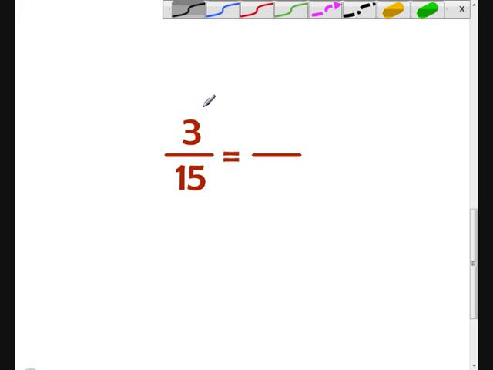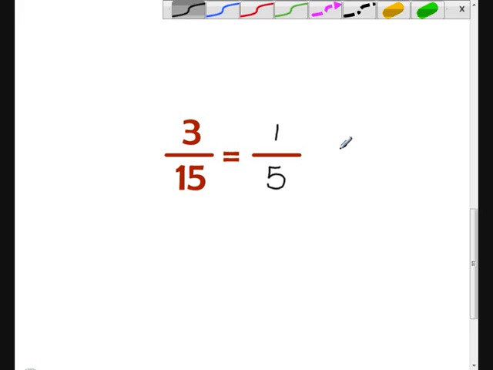In this case, that number would be 3. If I divided 3 by 3, I would get 1. And if I divided 15 by 3, I would get 5. 15 divided by 3 is 5. So there's another equivalent fraction. That's the simplest form of 3/15.